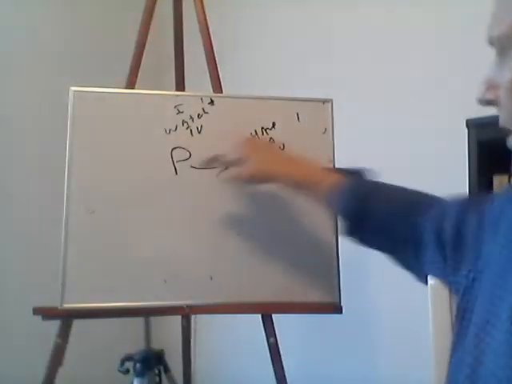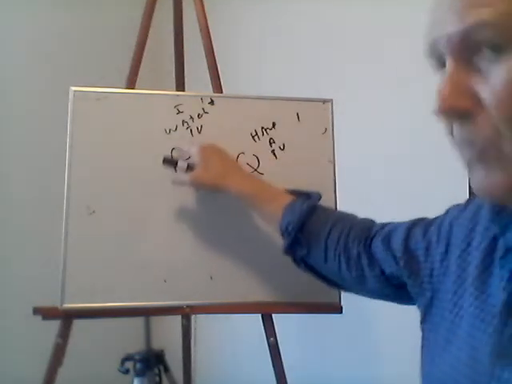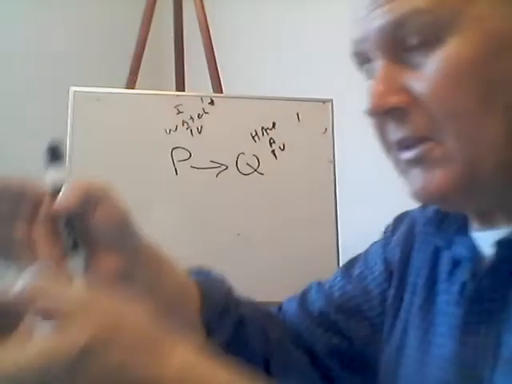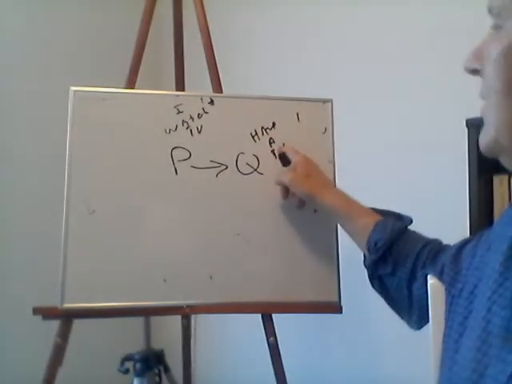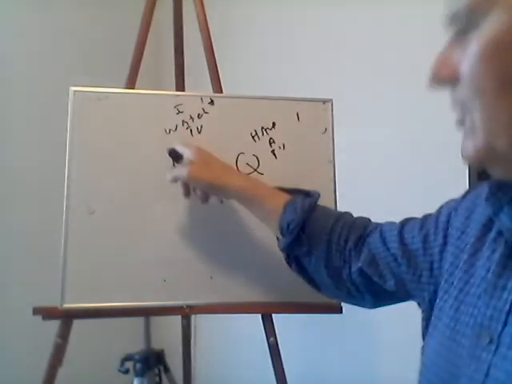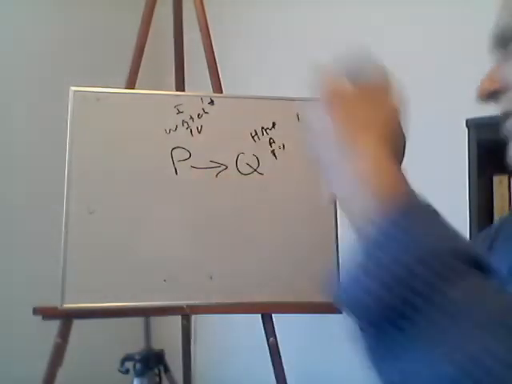If I have this, then I have this. Having a TV is not sufficient for watching a TV, because I may have a TV and not watch it. But having a TV is necessary for watching a TV, because I cannot watch a TV unless I have a TV.